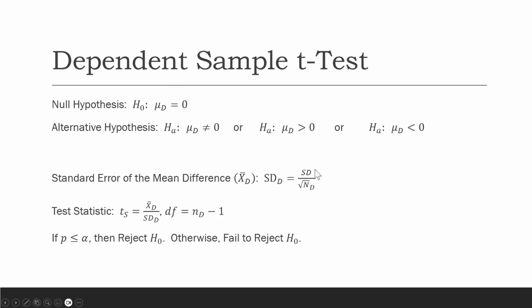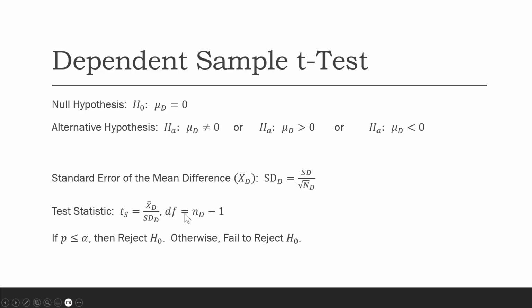That is your sample standard deviation of your differences divided by the square root of the number of difference scores that you have there.